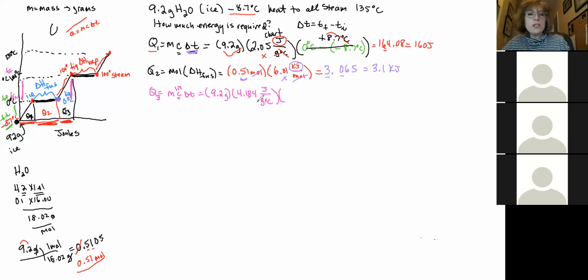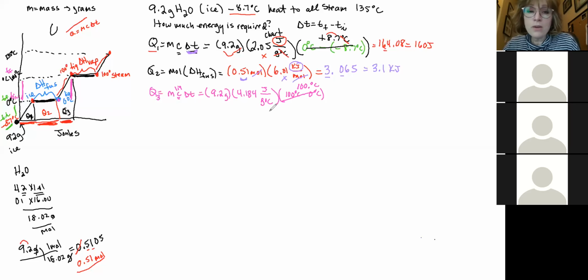Well, the temperature change in this second section goes from 0 to 100. So T final minus T initial would be 100 degrees Celsius minus 0 degrees Celsius, which is just 100. And we're going to put a decimal just so we don't lose all our significant figures.